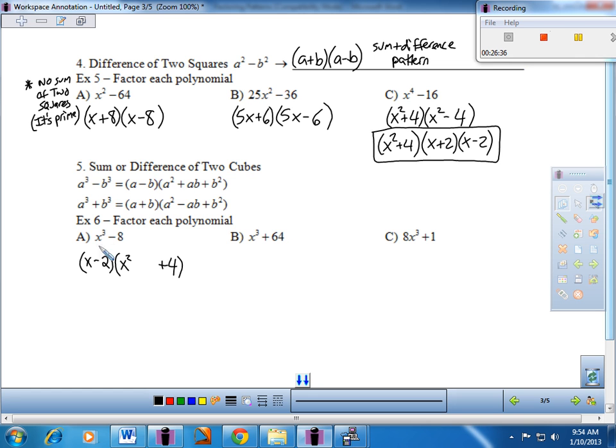Now the key to the whole thing is the middle term. And the middle term is what's going to get rid of all the other things when you multiply. Make sure everything else cancels out. You'll get x cubed from this. You'll get -8 from this. Everything else would have to cancel when you multiply. So here's how it works. Here's the little trick.